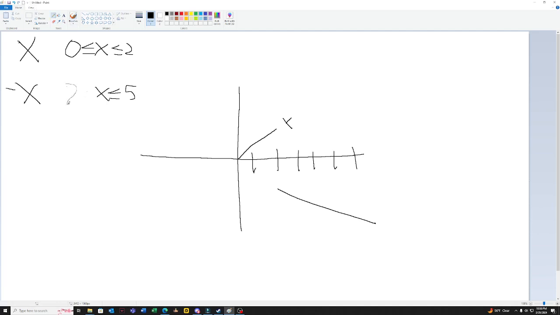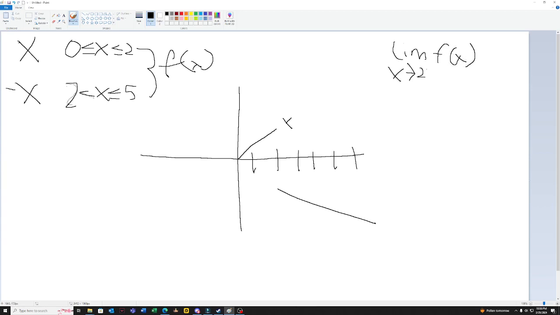So x is less than or equal to 2, and 2 is less than x. Now let's say we're asking for the limit as x approaches 2, where this whole thing is f of x. So the limit as x approaches 2 of f of x.